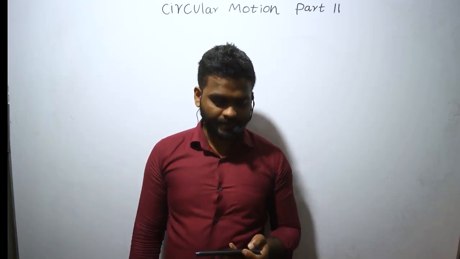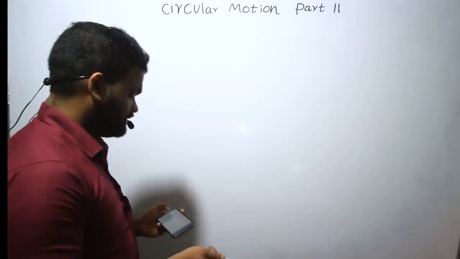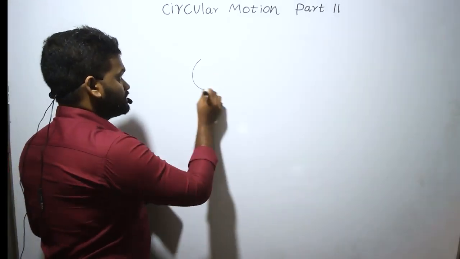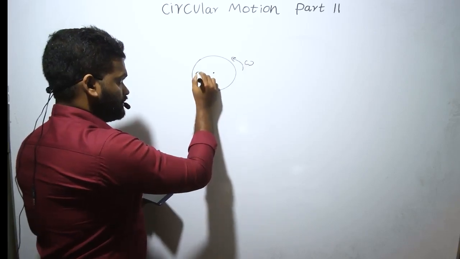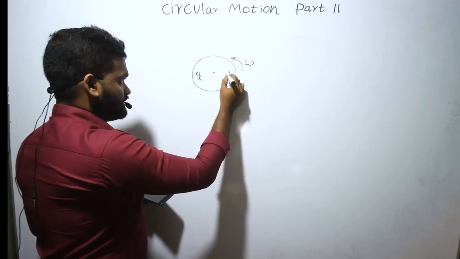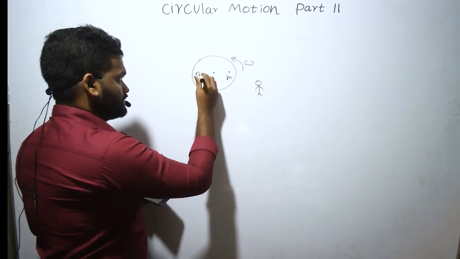Right, 15th question. A horizontal circular table rotates around its symmetrical axis at uniform angular velocity. We have a person here and a mass here and a person on the ground.